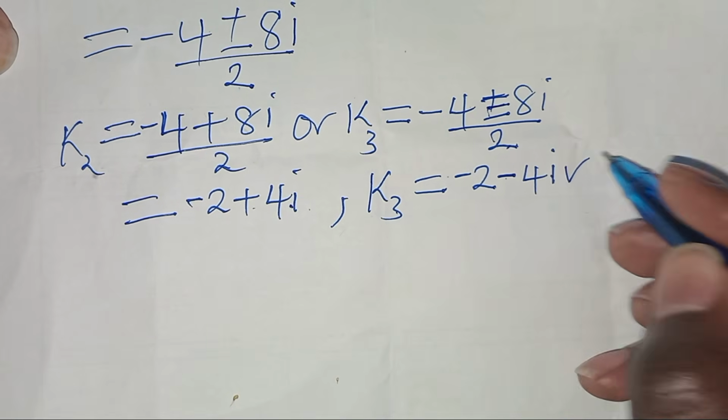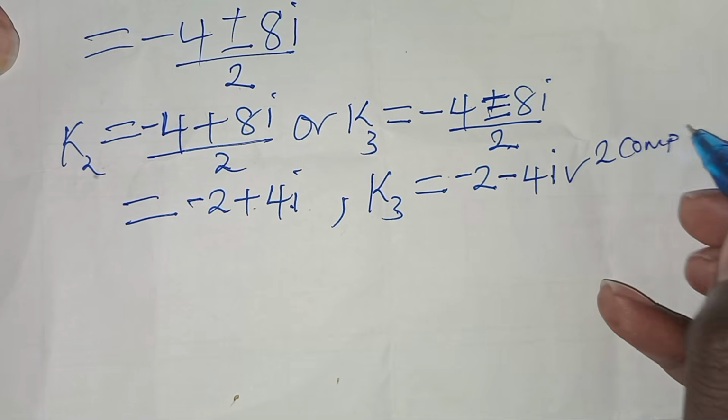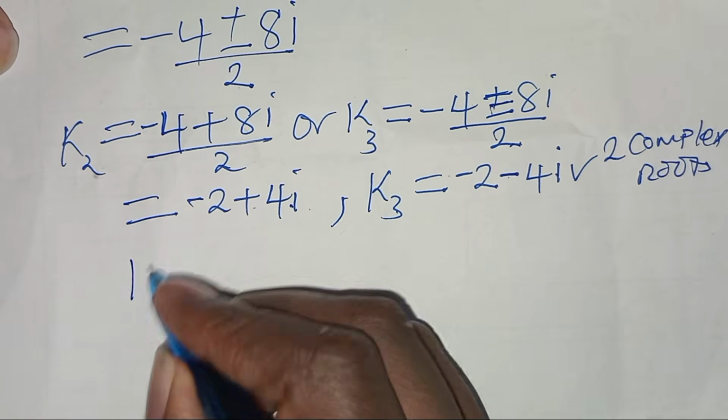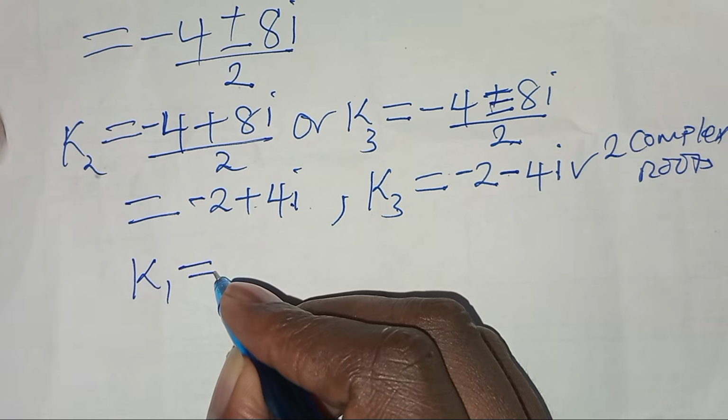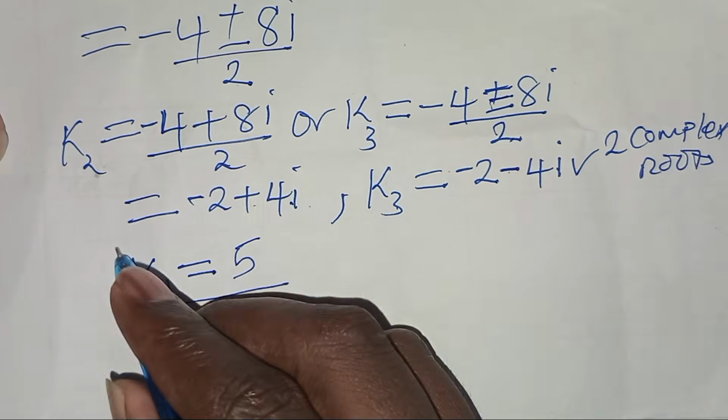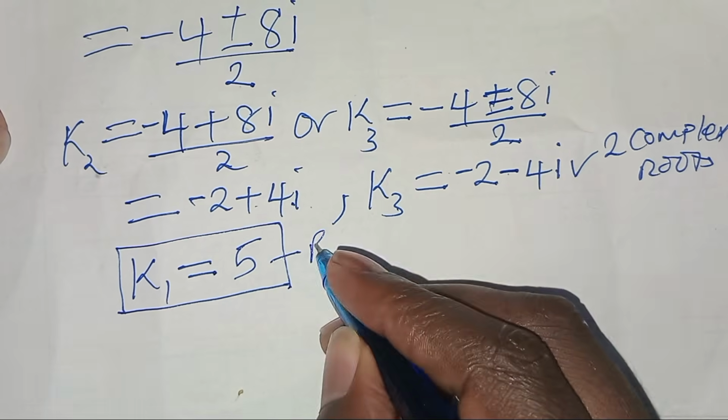Now these are the two complex roots. So that means that we have only one real root, which is k1, equal to 5, and this one will give us a real solution.